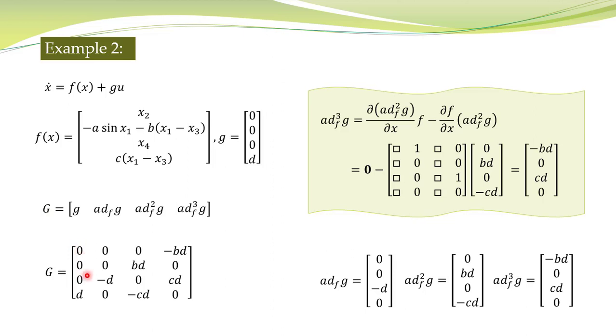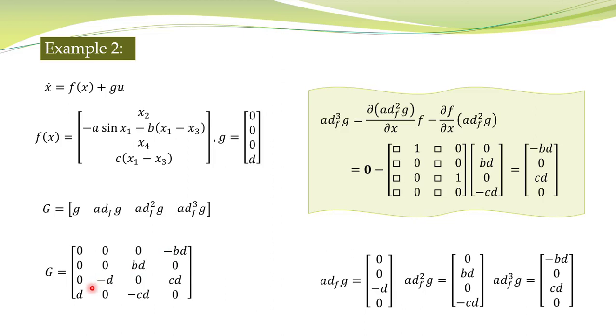We have this matrix, and what we can see is that if, for example, I expand it by this first column, it is a lower triangular matrix, so its determinant will be simply equal to the product of elements at the diagonal, which is non-zero.